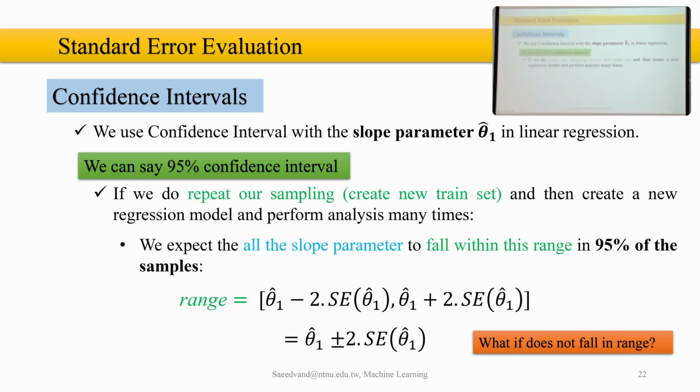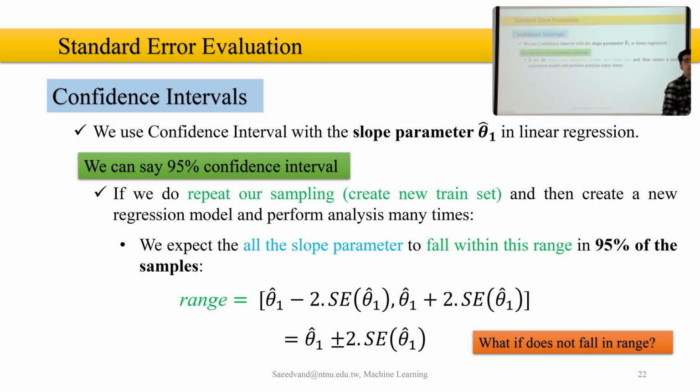What does it mean? I have this data set. I sample from this data set, which means I'm not using all of it; I'm using some of it. Based on these green ones, I'm giving a model prediction.